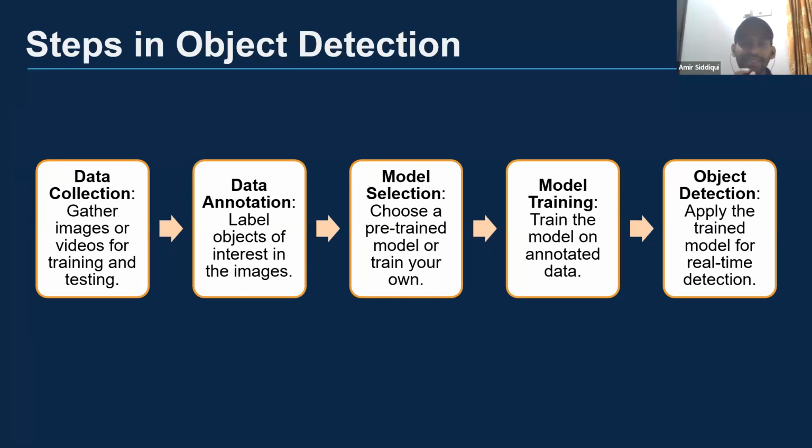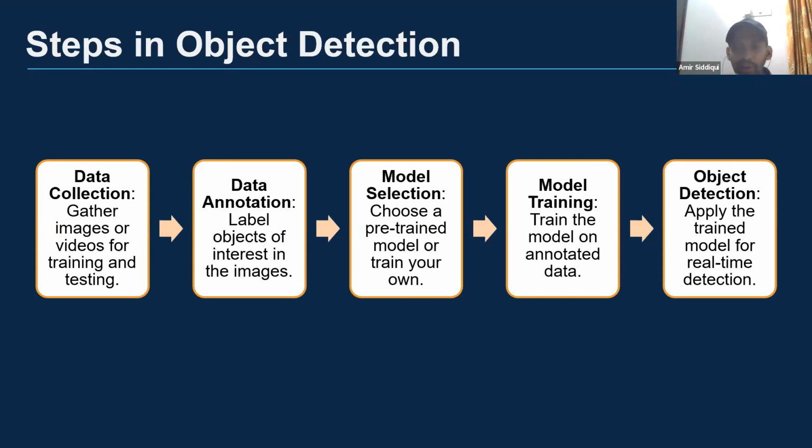You will select that model, and that is model selection. You will choose the model which has the highest accuracy, so that when you do prediction on your unseen or new data set, you will get a high accuracy.